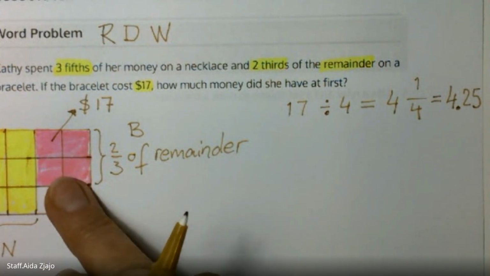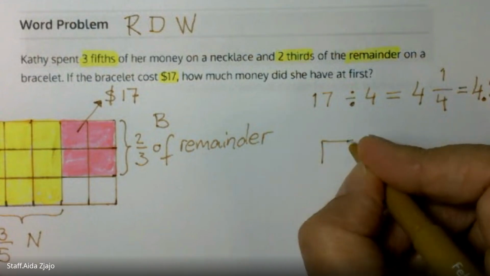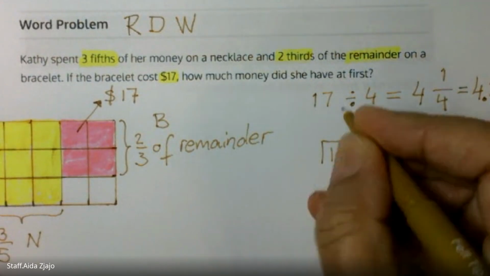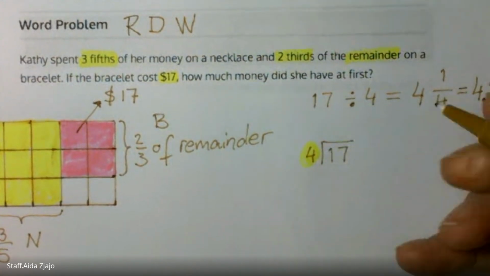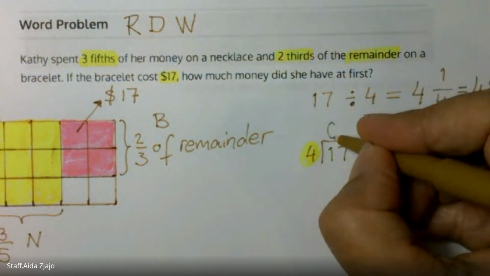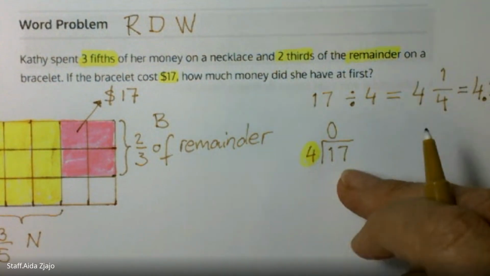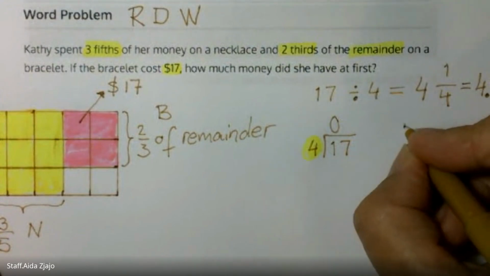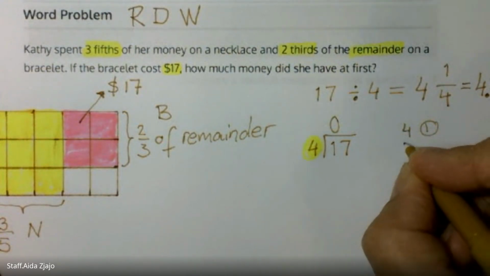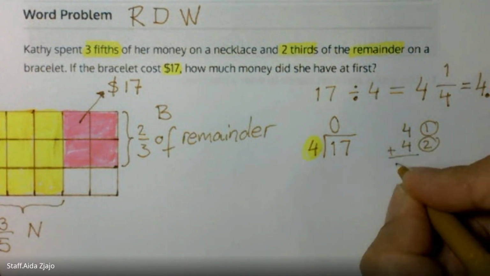Or we can use our division, and if you are comfortable with that, you can think about 17 divided into 4 groups. Even if you don't know how many fourths are in 17, a good strategy for 5th grade is to say, if this is 1/4, then if I add 1 more, that would be 2/4, and that will make 8.